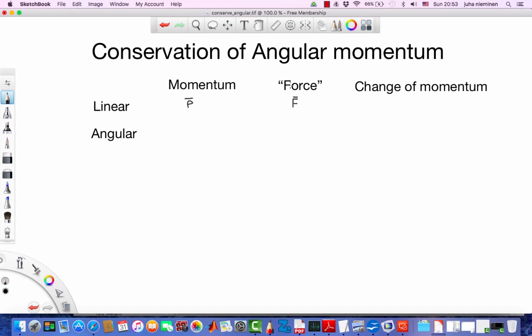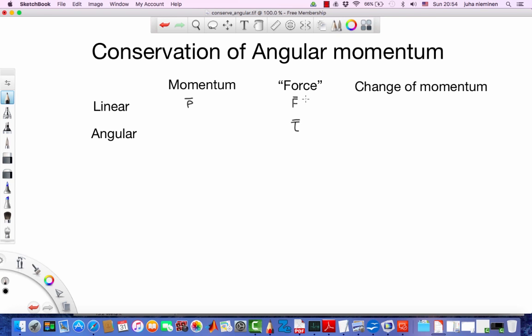Why I have force written as it is is because the angular version of force is not quite a force, but we call it torque, tau. To produce angular motion, we need torque on that object to make it rotate. And this is what we know so far.